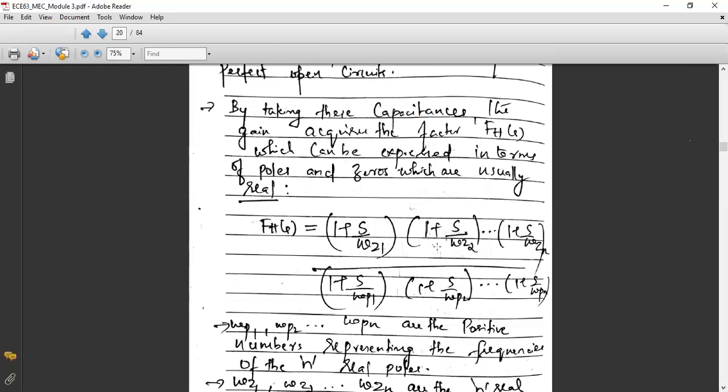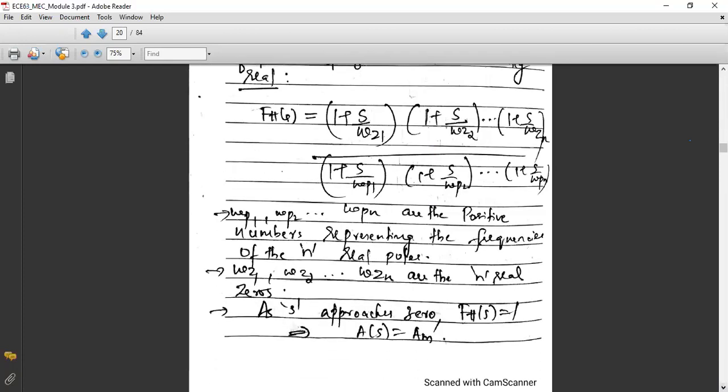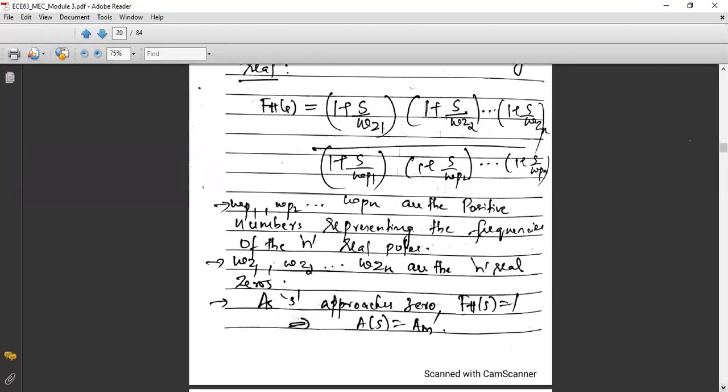The numerator terms will have zeros and the denominator terms will have the poles, where the zeros are omega z1, omega z2, up to omega zn, and the poles are omega p1, omega p2, up to omega pn. These are positive numbers.